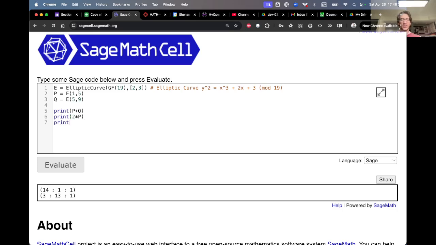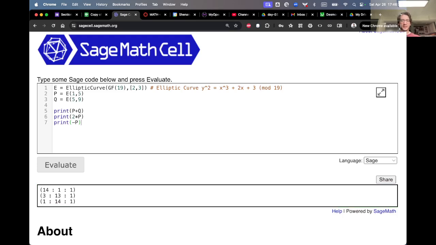And then lastly, print minus P, which is actually kind of hard to do by hand. It's easy to visualize it on the curve, but it's kind of hard to do straight up from the formulas.